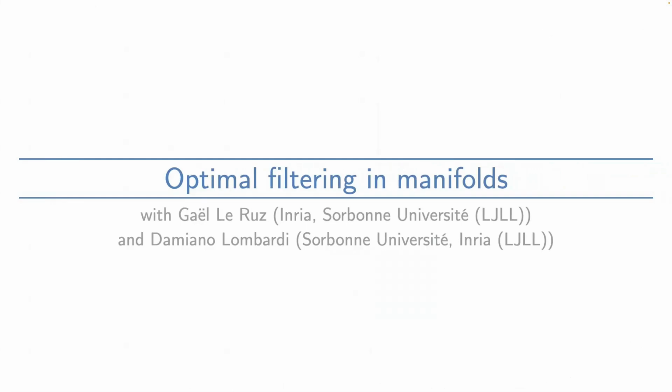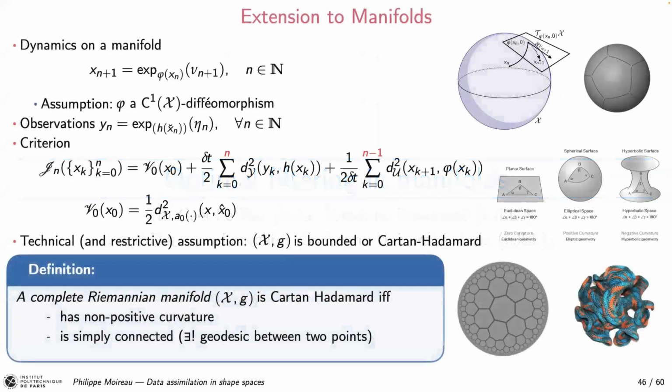And typically, the idea with Gaël and Damiano Lombardi, which are also researchers here at LGLN, is to extend the ideas to manifold. So the idea is to define. So we did that by starting at the discrete time level. Okay, so everything is in discrete time. And typically the idea is to decide how we take into account the model error.